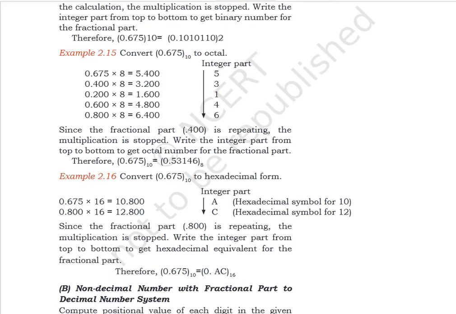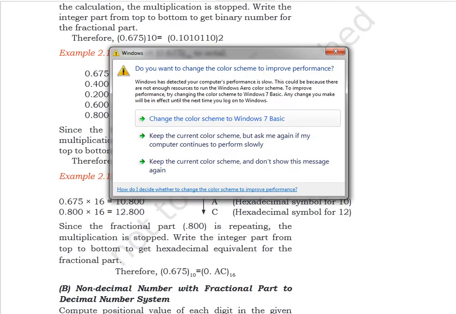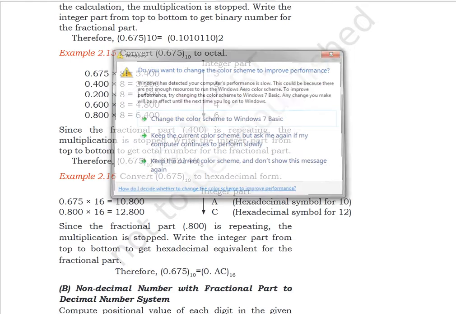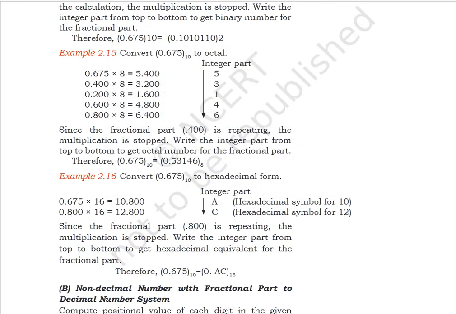We have to multiply with 2 because the base value of the binary number system is 2. Here in the octal number system the base value is 8, so we have to multiply the fractional part with 8 until the fractional part becomes 0. And in this example, 0.675 to the base 10 to octal, we are multiplying this.